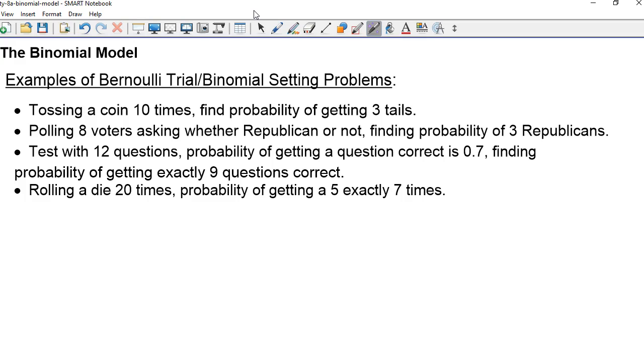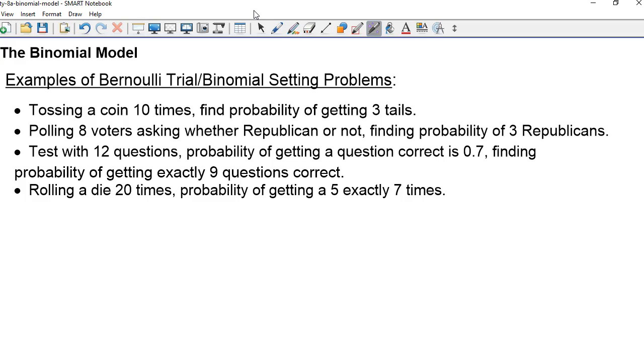We toss 10 times. The second one, polling 8 voters, asking whether they're Republican or not, and finding the probability of having 3 Republicans. So we have a fixed number of trials, 8 voters. Presumably there is some probability in this population of being a Republican, right? And as long as we ask a random sample, the probability would be independent from person to person.